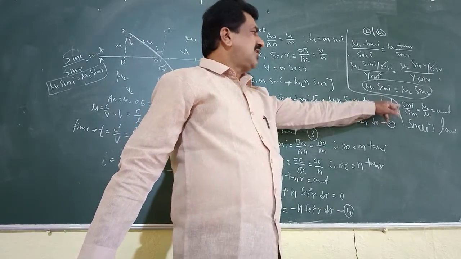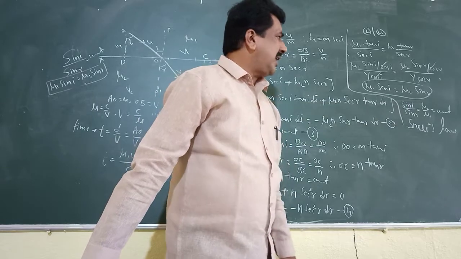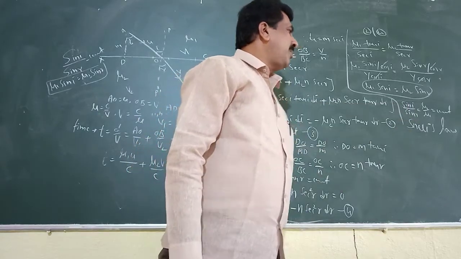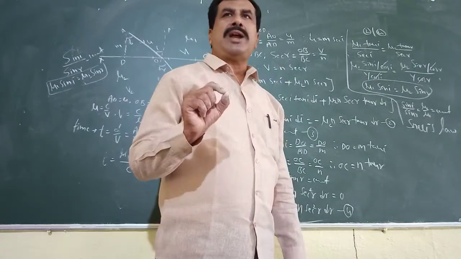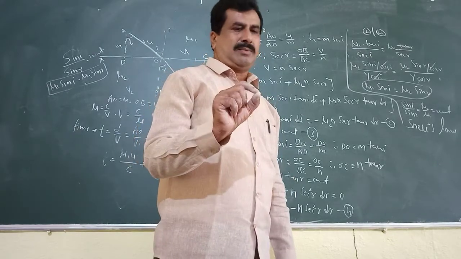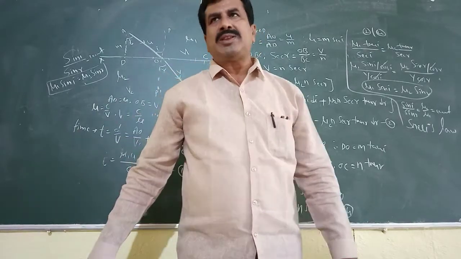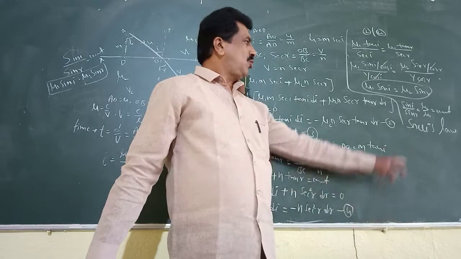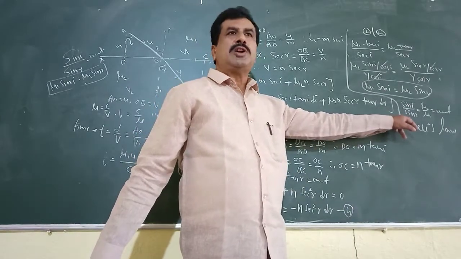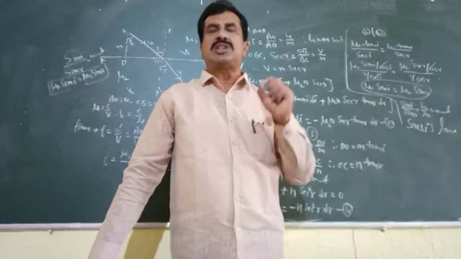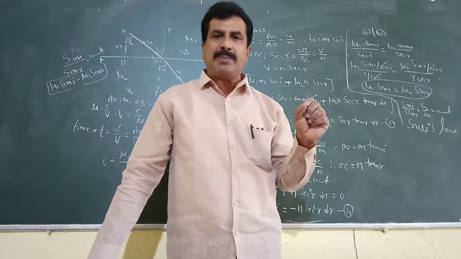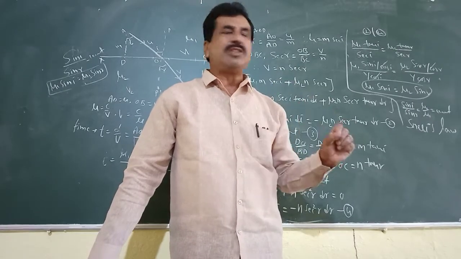Cross multiplying, we get sin I divided by sin r is equal to mu2 divided by mu1, which is equal to constant. Hence Snell's law. We know the statement of Snell's law: the ratio of the sin of the angle of incidence to the sin of the angle of refraction is constant for a given pair of media and for a given wavelength of light.